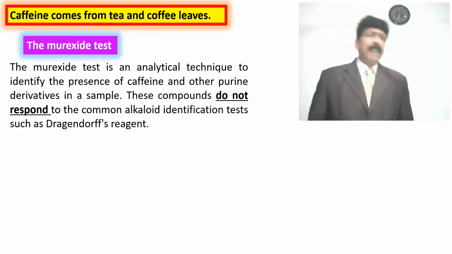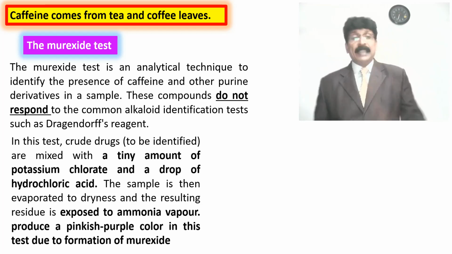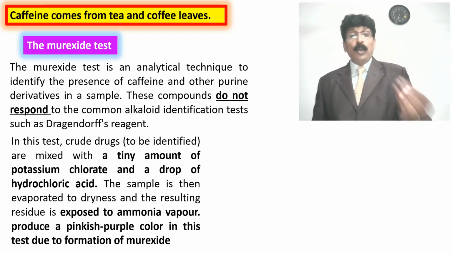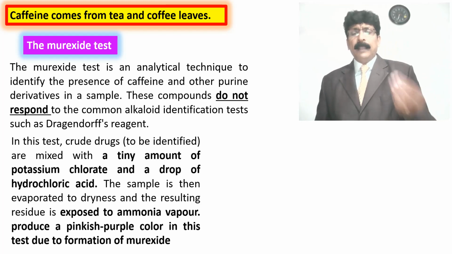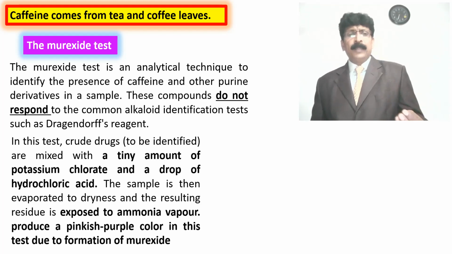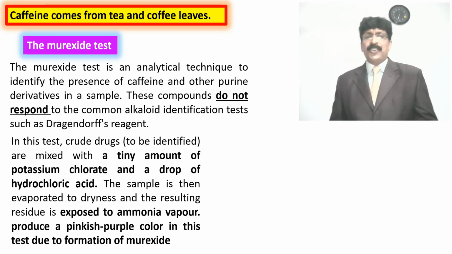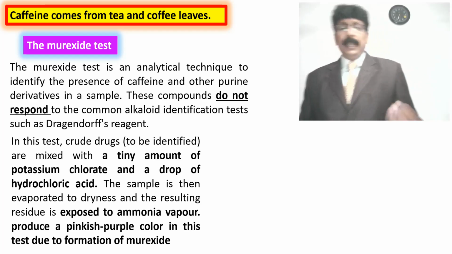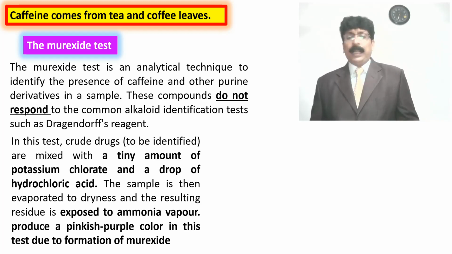They will not give any result. But in this murexide test, the crude drug, the tea powder or an extract of coffee is mixed with a tiny amount of potassium chlorate in a porcelain dish and a drop of hydrochloric acid.